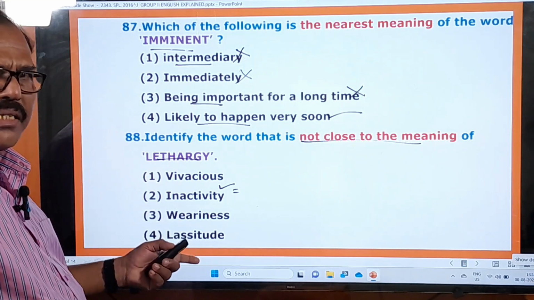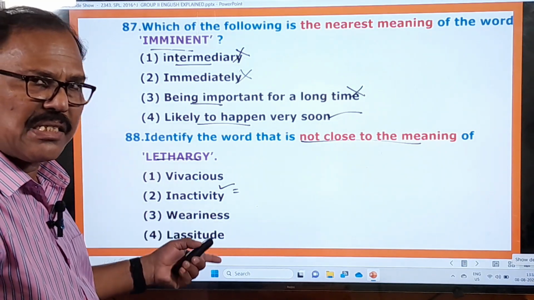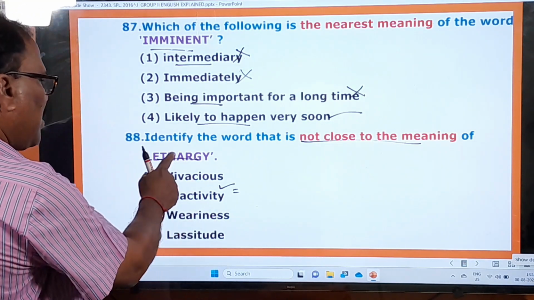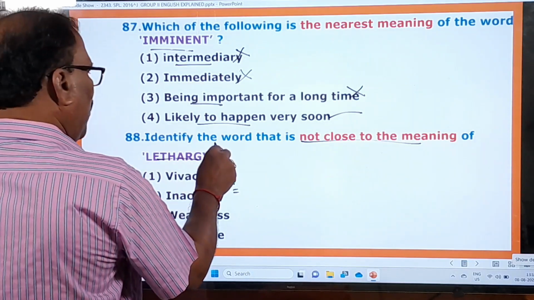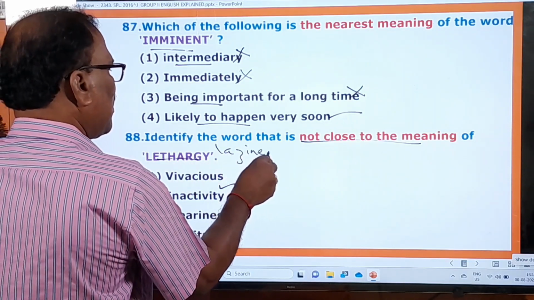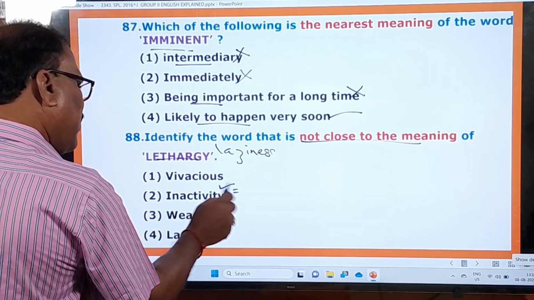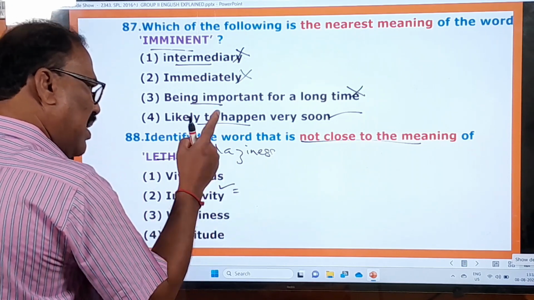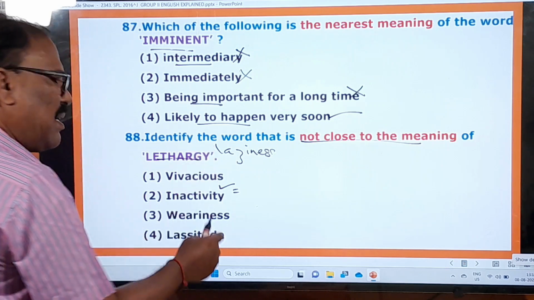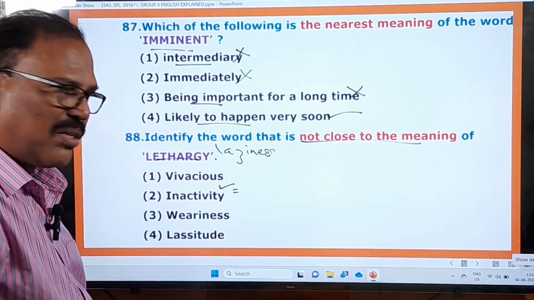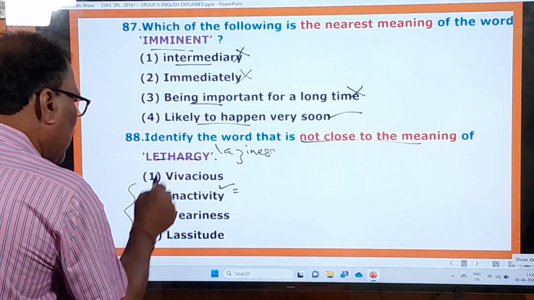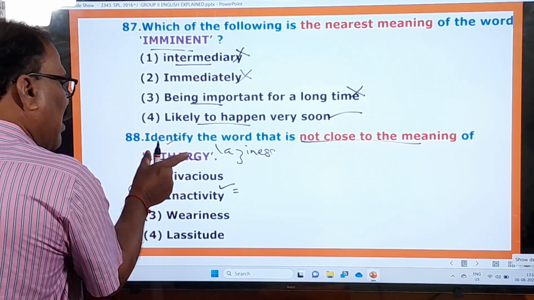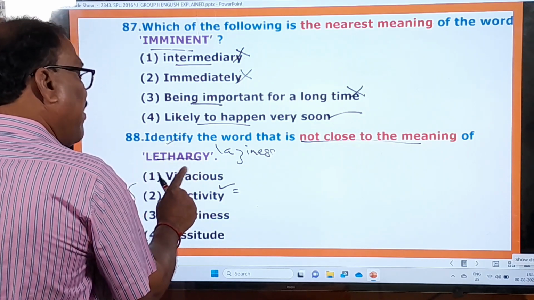Lethargy means idleness, dullness, laziness, weariness. Weariness means tiresomeness. Lassitude means again weariness or tiredness. So all these three words convey the same meaning as lethargy, except the first one, vivacious.